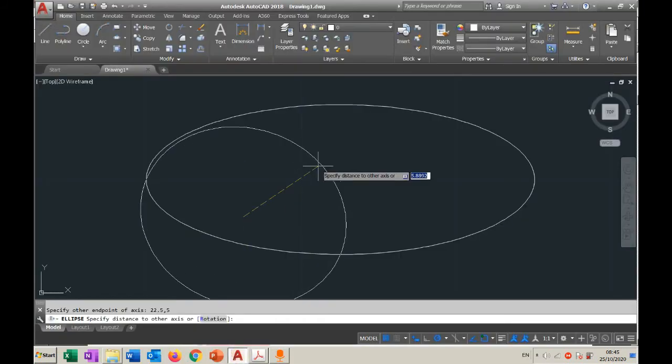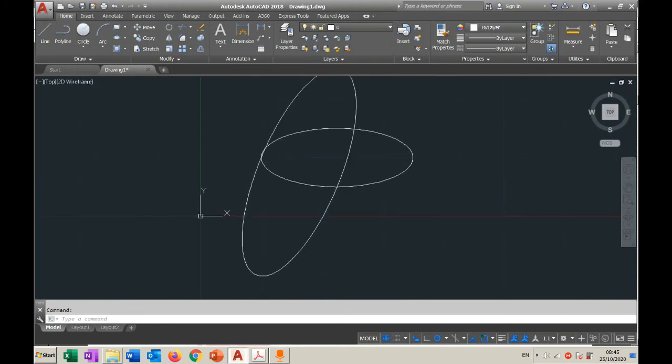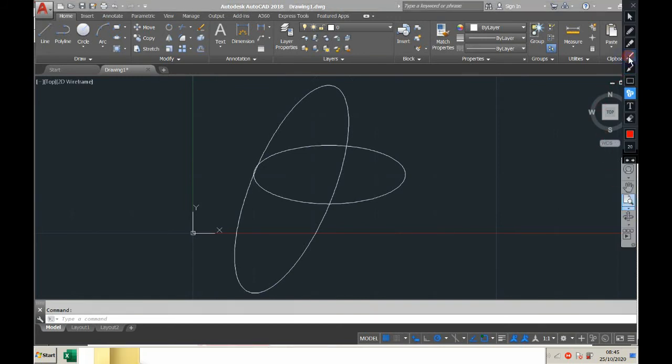Now I type hashtag 35, 10. Look what we have here. Why? Because AutoCAD drew a line from the first point to the second point as an axis, then perpendicular to this one, it's going to draw the other axis.